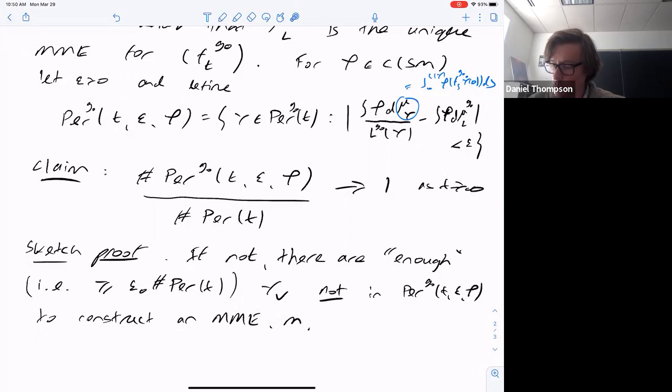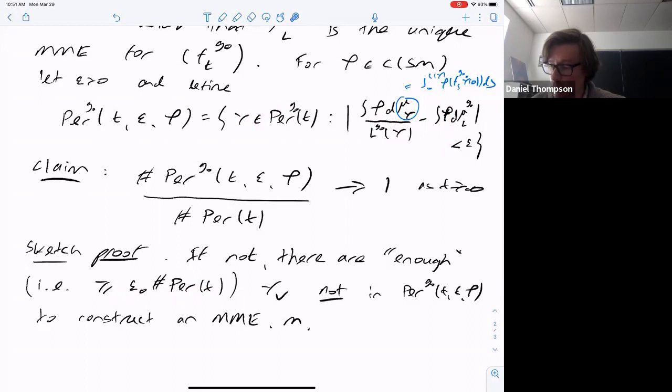Assume that this is not true, so I do not get a full proportion of these objects being in this set. If this is not true, then there's a definite proportion of these which do not satisfy this, right?